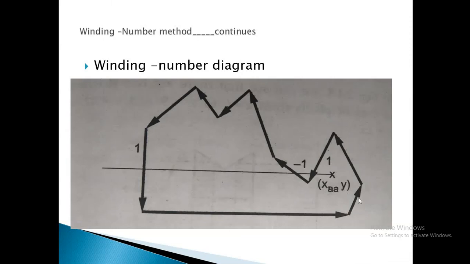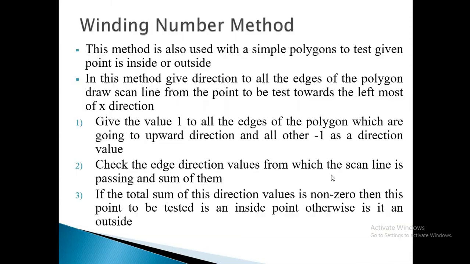So in this winding number method, we find the 1 and -1 values. After that, we sum these values. If the answer is 0, then the point is outside. If the value is non-zero, then the point is inside the polygon.